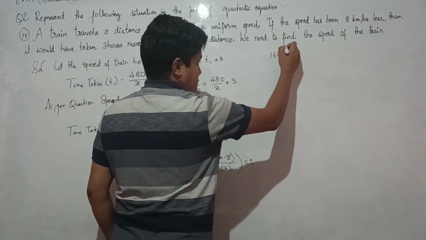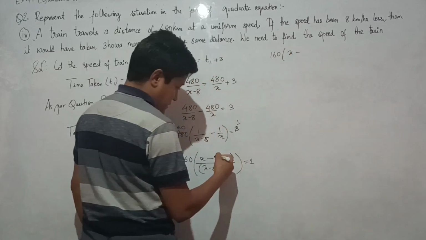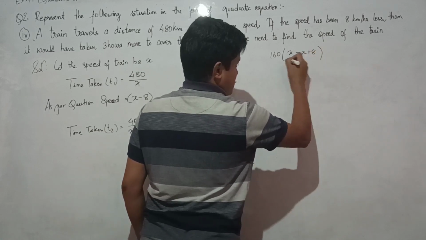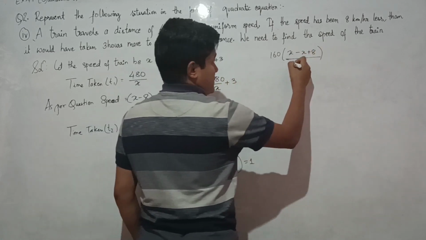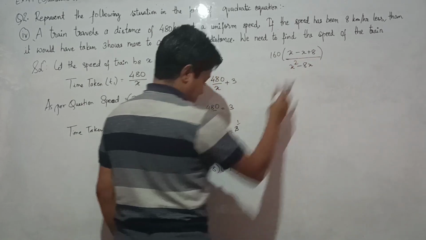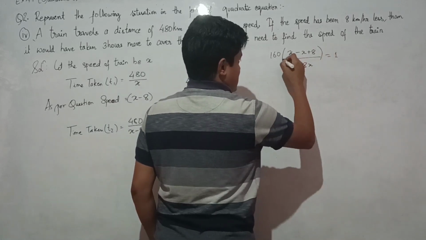160 times x minus x plus 8 divided by x square minus 8x, so we solve it also, equals 1.